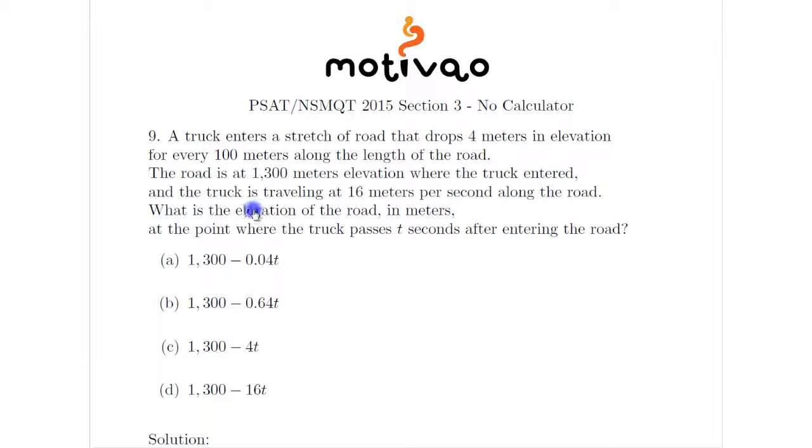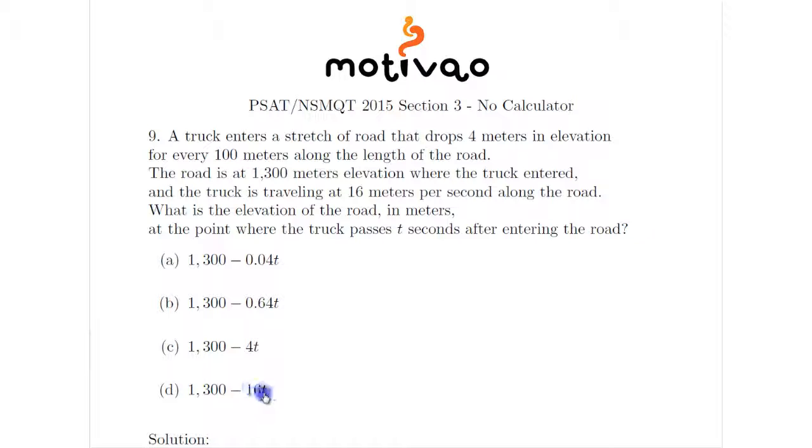Well, it looks like my answer is going to be a linear equation, right? All of these answers are linear equations, and they seem pretty standard. They have this 1,300 here and this negative value here, and then all of a sudden this value. So it's not easy to guess what the correct answer is. You'll have to calculate it.